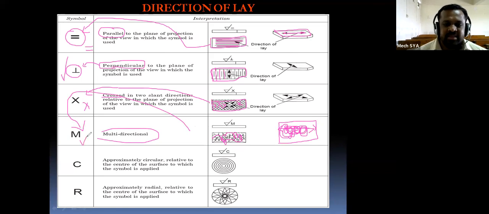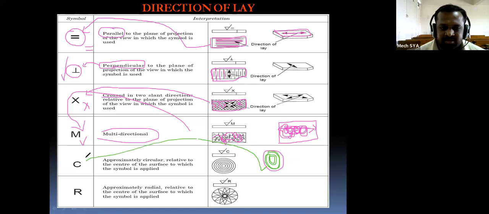If the irregularities on the surface are in a circular manner like this, then we can represent this type of direction of lay with the help of the symbol C, circular direction. And radial. See, this is the symbol for radial.